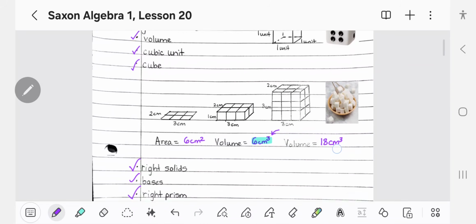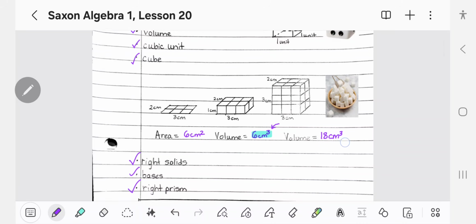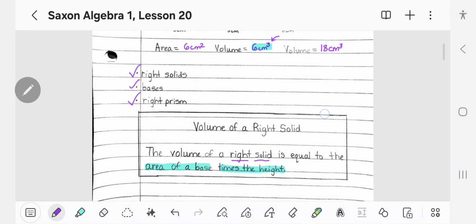And we saw that here. It's the area of the base, and then you multiply that by the height. There's 3 of them. And you can use that even if it's not a rectangular prism or a cube like this. You can use that with other geometric solids.